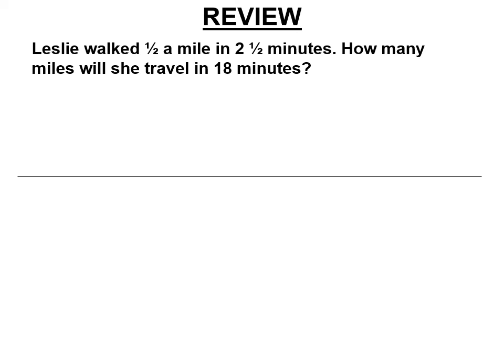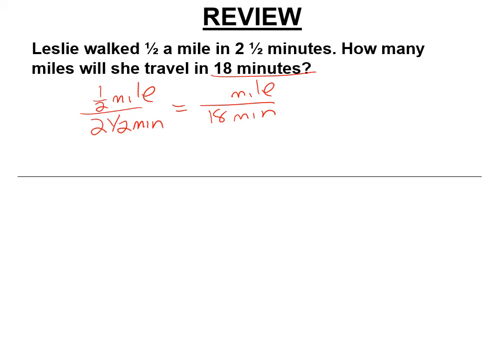Okay, so Leslie goes half a mile in 2.5 minutes. And we want to know how far she goes in 18 minutes. We got to put that in the same spot. So this is a missing number problem. So we're going to simplify our first fraction, 1/2 divided by 2.5, which is the same as 1/2 divided by 5/2, which is the same as 1/2 times 2/5, which is 1/5.